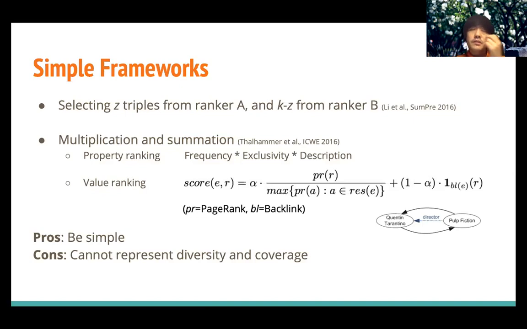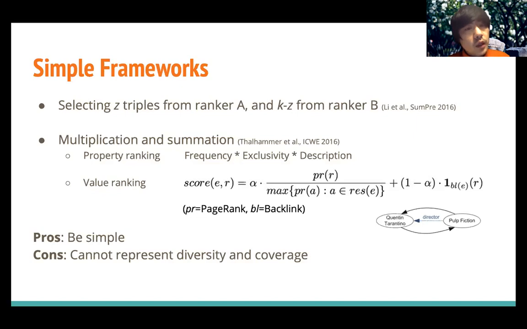So basically, it's just compute some combined ranking score for each triple, and then you just choose top ranked triples. But the problem is that top ranked triples may not comprise the best summary, because you can't naturally model diversity and coverage in these simple frameworks.